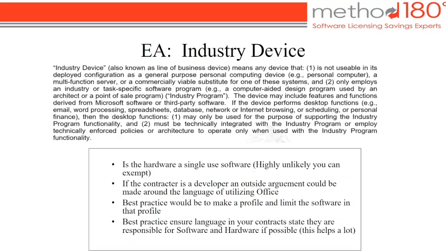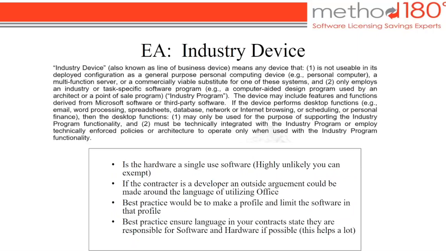So Microsoft further goes along in this contract and identifies what an industry device is. Again, I'm just going to make sure that I reiterate here. Just because this is language that is in one of the current contracts, this does not mean that this is what your current language is. So you actually have to go and look for these definitions within your contract to see if it's the same one or if it's different and how those differences apply.